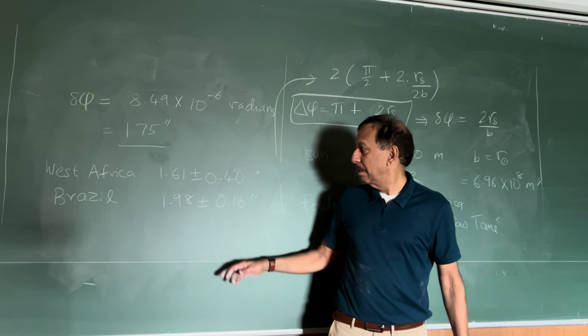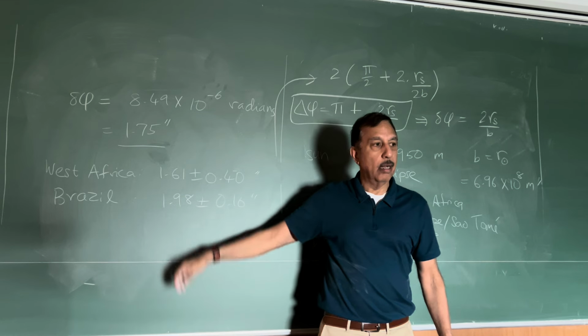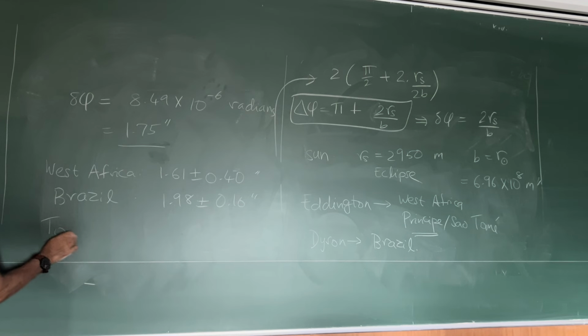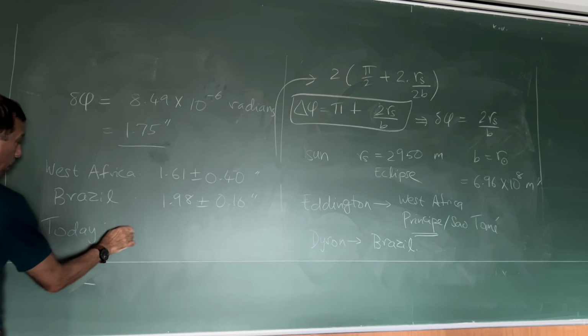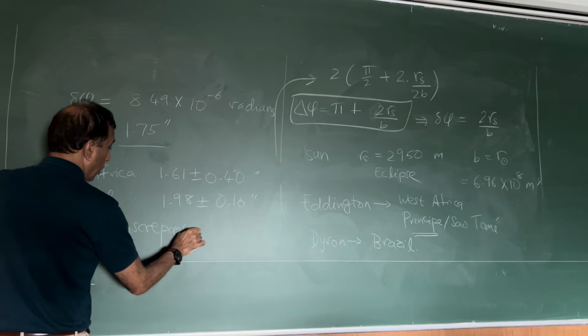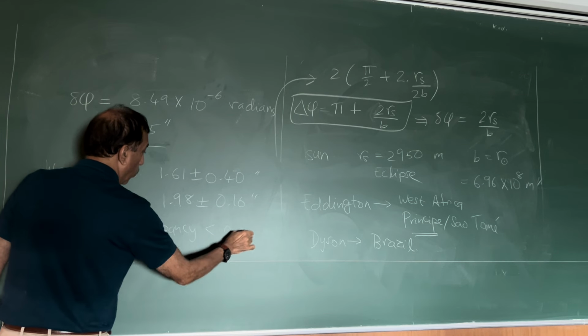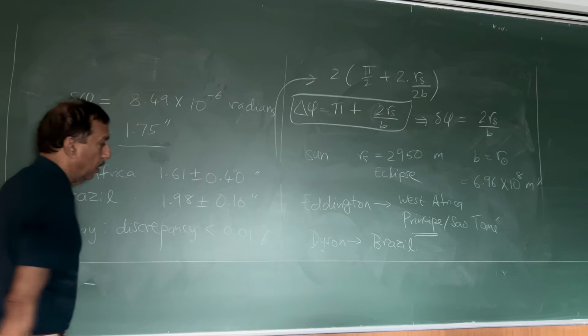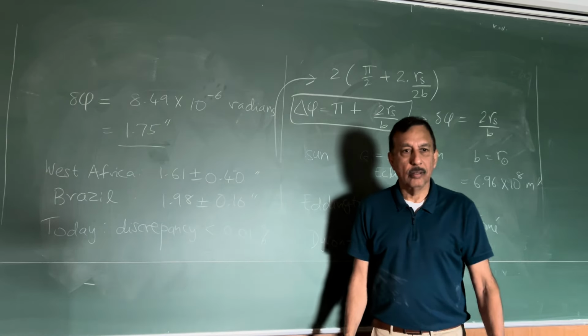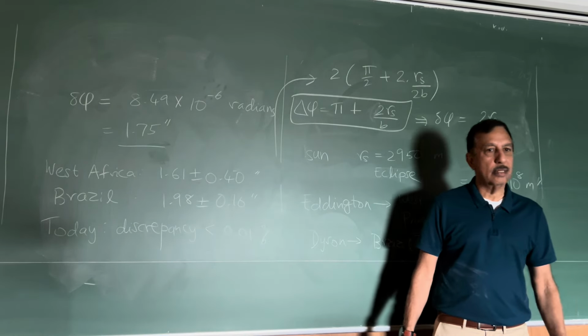And the fact that these compare so well, actually currently today the discrepancy between the theory and observation is less than 0.01%. That's 1 in 10,000, that's what at least I read. So we can be pretty sure this is correct.